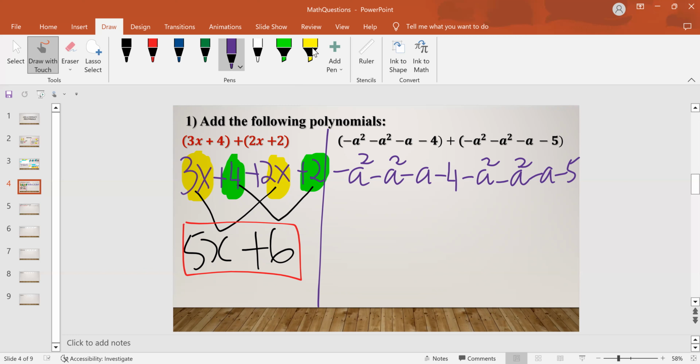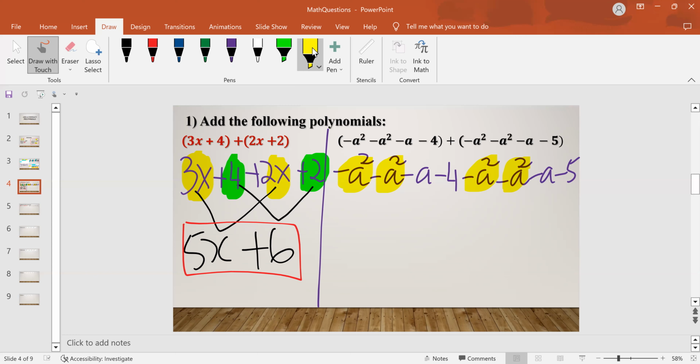For like terms, we have a negative a squared, another negative a squared, a negative a squared here again, and negative a squared here. Wow, this is an amazing question. So we have negative a squared four times.